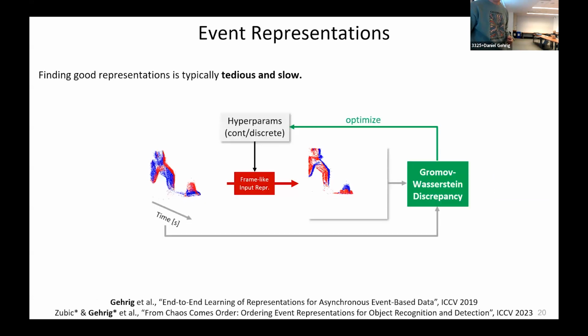This has been a recent paper where we use the Gromov-Wasserstein discrepancy, which is a metric on probability distributions. It basically compares the raw events at input and tries to transport them into the output distribution. What it tries to do is retain the similarity between events which are mapped to the output features.